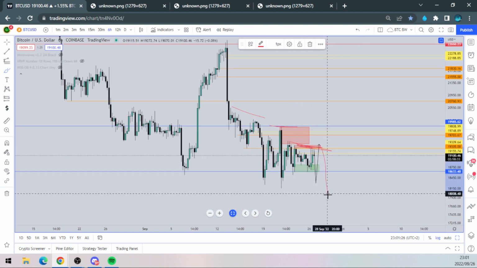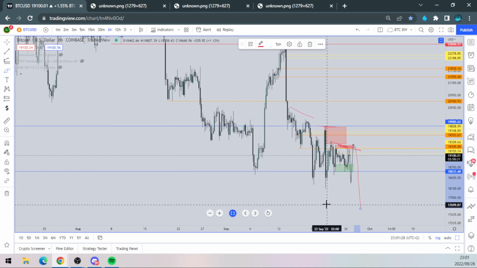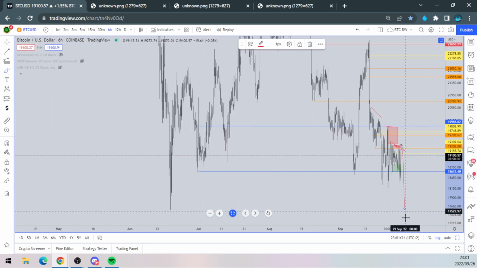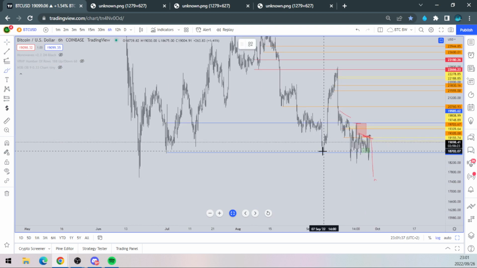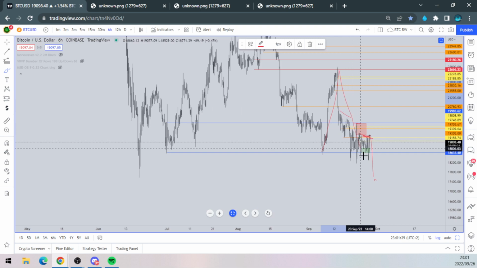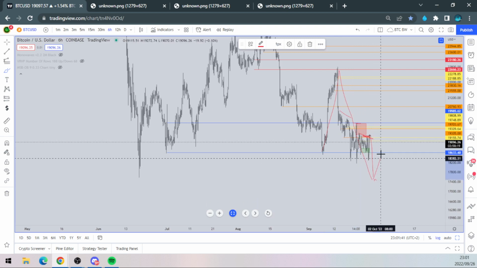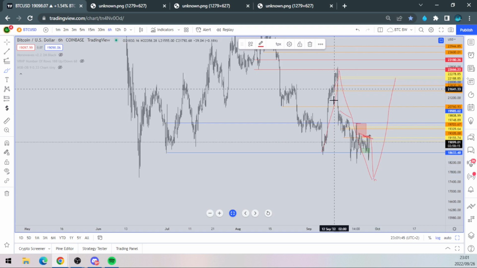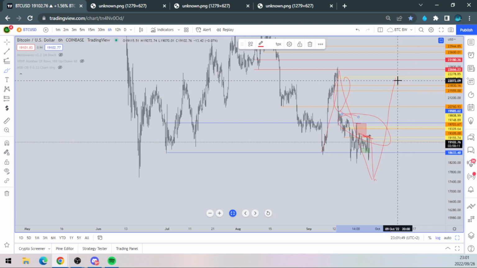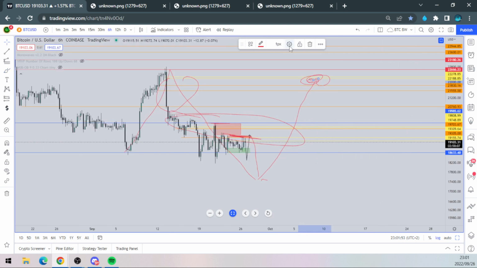So if we do get this move down here to break the lows here, just below 17.5, then what we have is a good contender for a larger flat type structure here like this, and for price to shoot up right up to here, or anywhere in this void here that takes all of this liquidity here, and rejects at the fair value gap or bearish order block way up there.